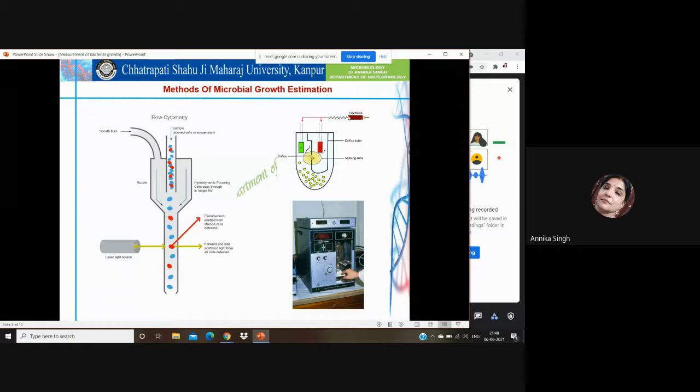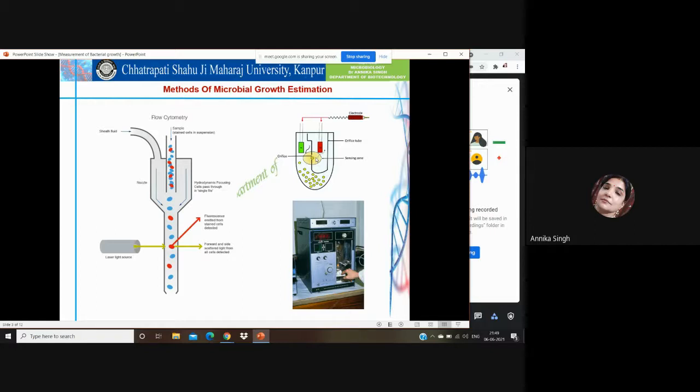It measures electrical resistance, and every time a cell passes through this orifice, the electrical resistance increases, or you can say the conductivity drops, because conductivity is inversely proportional to the resistance, and in this way the cell is counted.